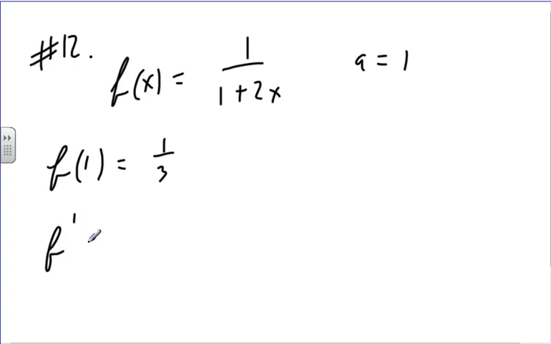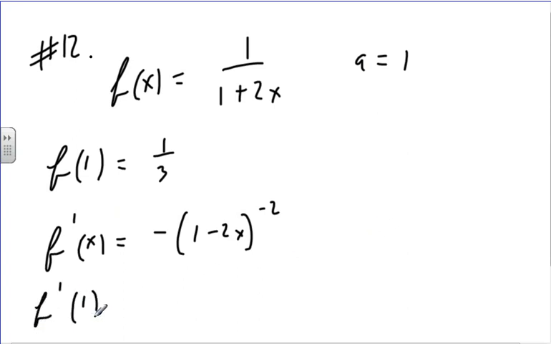F prime x, minus 1 minus 2x to the minus 2. F prime at 1, minus 1/2. 1 goes in here, that makes it a minus 2, a minus 1.